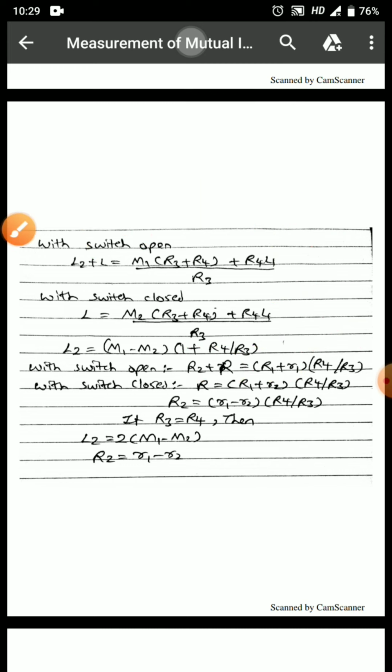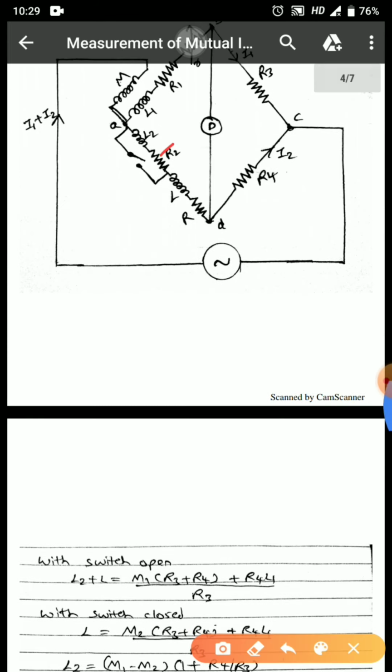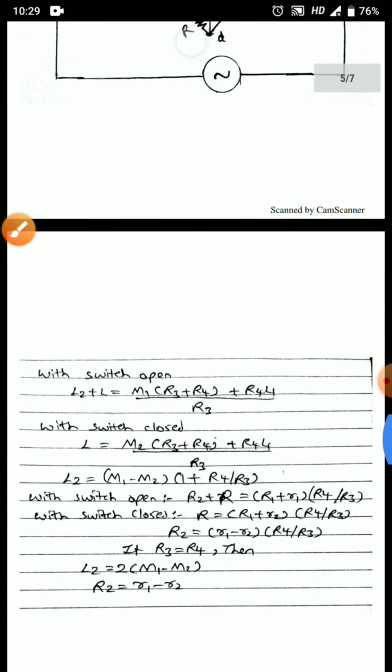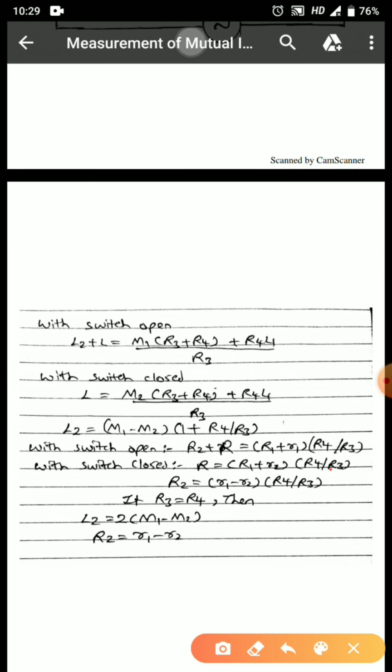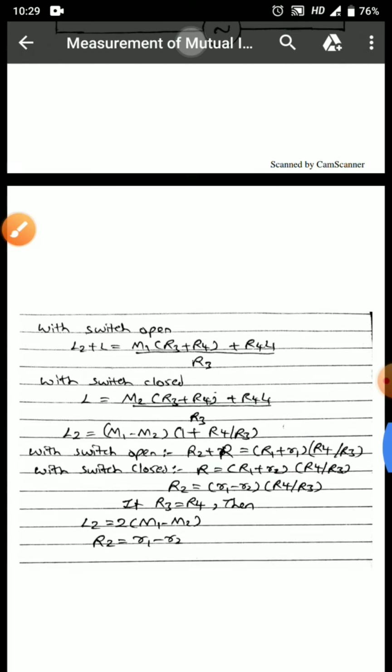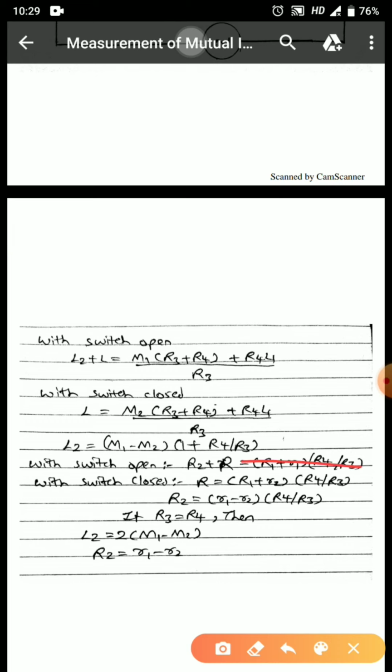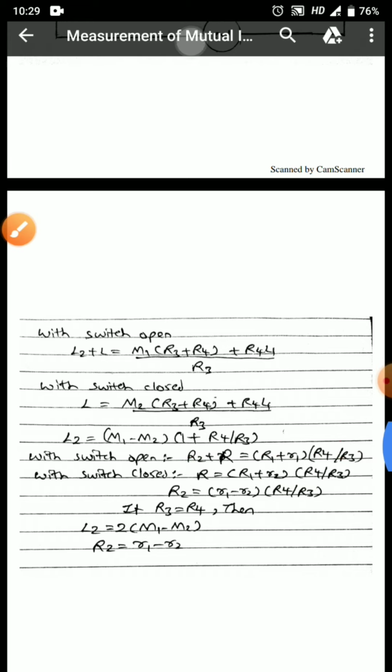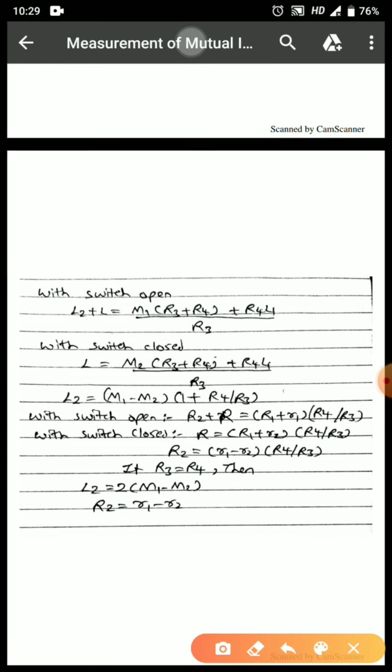When the switch is closed, we can clearly make out this R2 is getting removed out. As R2 is getting removed out, I'll be writing R is equal to R1 plus small r2, and because R2 is removed, capital R is equal to, in this manner I'll get the expression. Now I'll subtract both these expressions. Subtracting both the expressions, I'll get R2 is equal to (R1 minus R2) into R4 by R3.